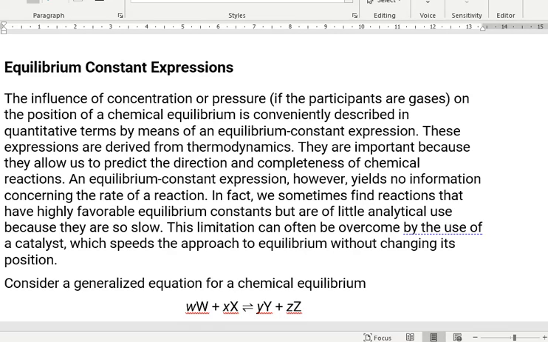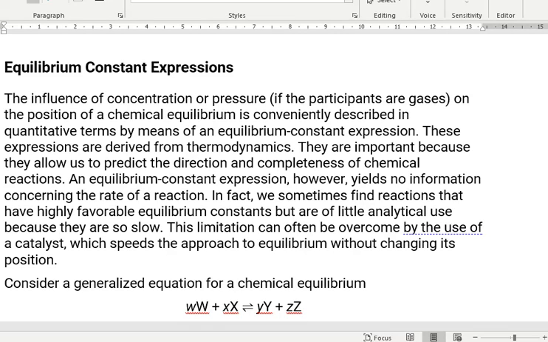Okay, so now, Le Chatelier's principle could only give us a qualitative description as to how the equilibrium will react when the system is disturbed. Right?